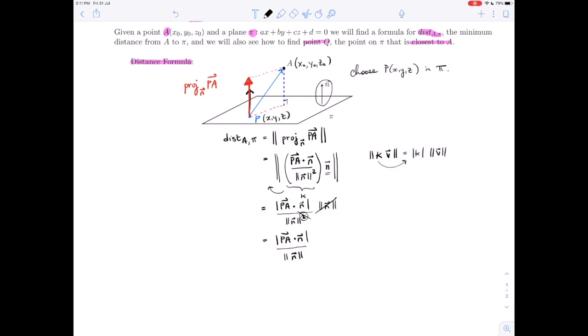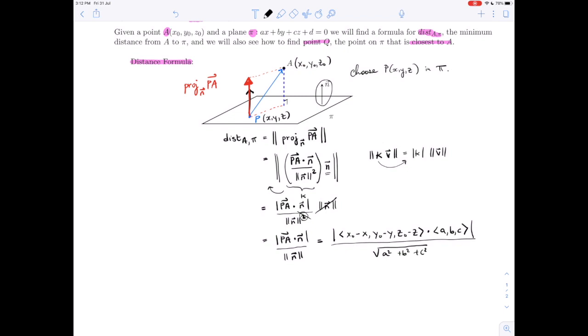So we can write this as the vector PA, so the absolute value of PA is going to be x0 minus x, y0 minus y, z0 minus z, dotted with ABC, and that is going to be divided by the norm of n, so a squared plus b squared plus c squared under the root.